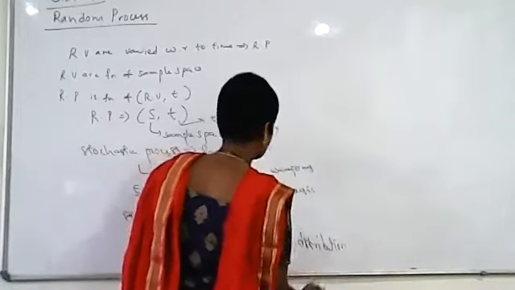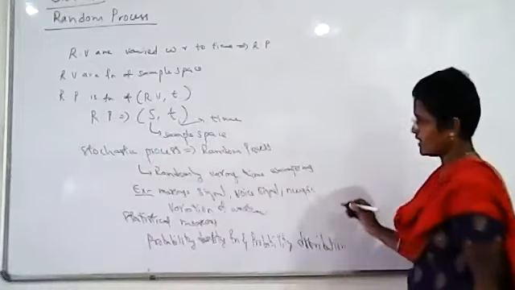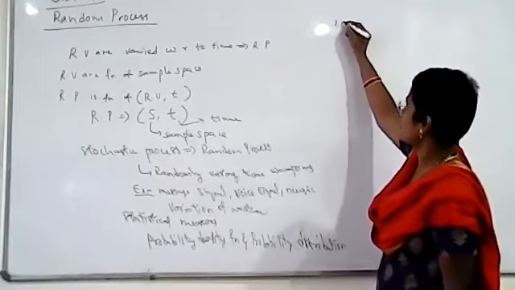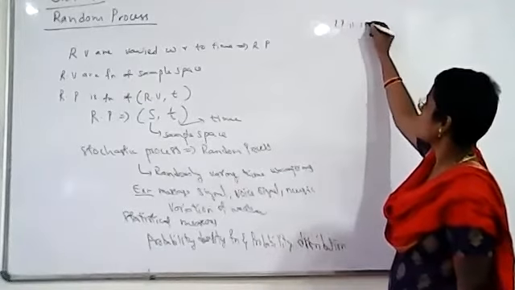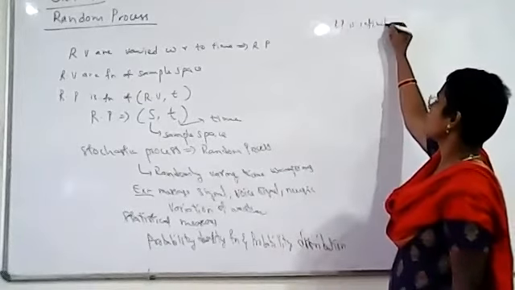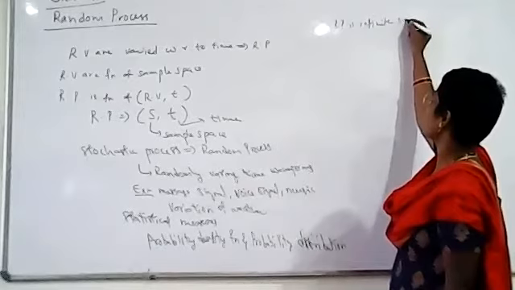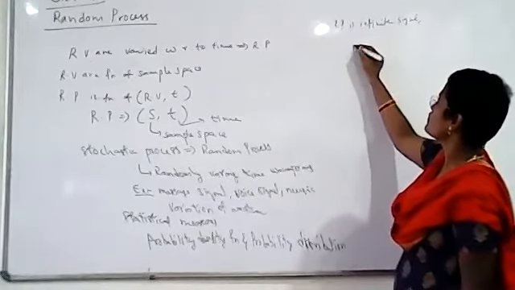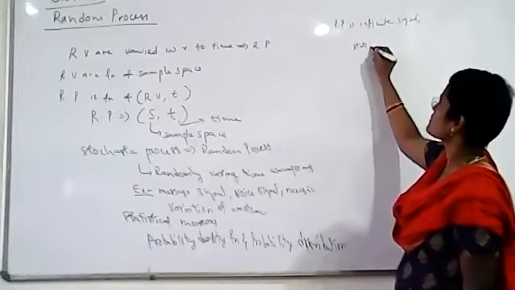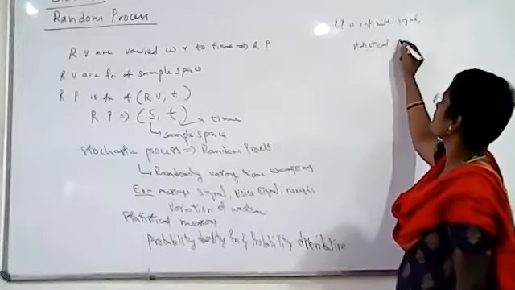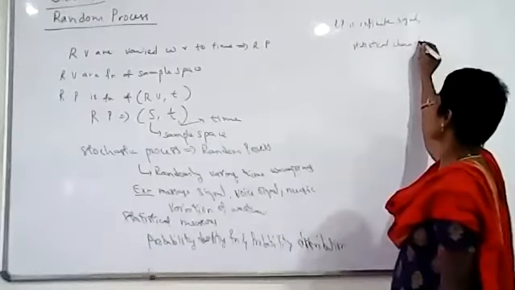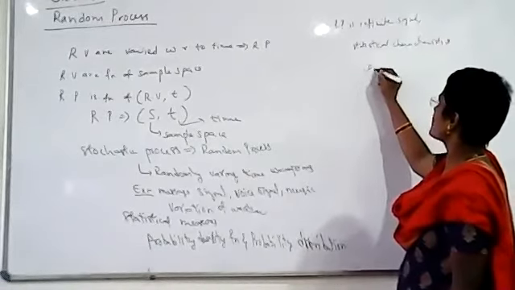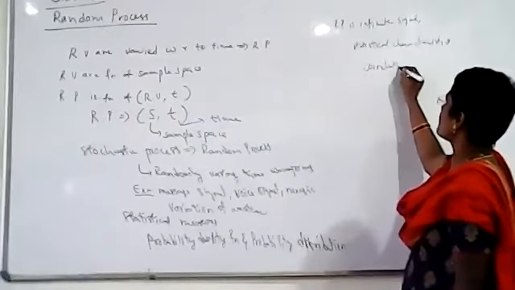Since these are random signals, we don't know where they have started. These random signals, or our random process, are infinite energy signals. Even though these are infinite energy signals, we use statistical characteristics. Here we use correlation and covariance.